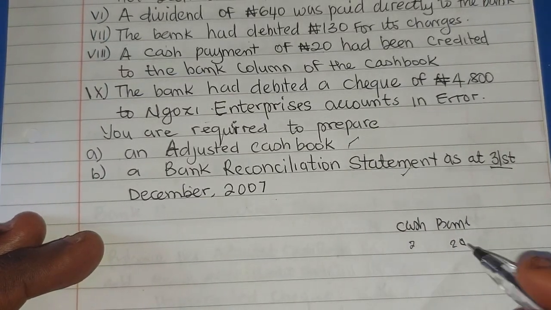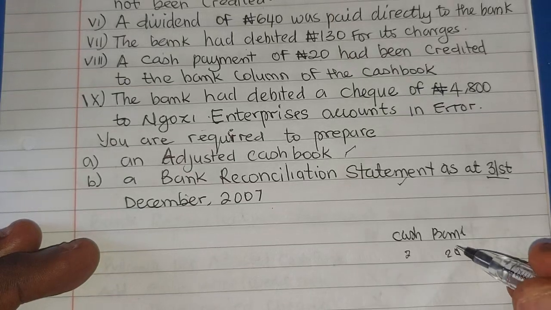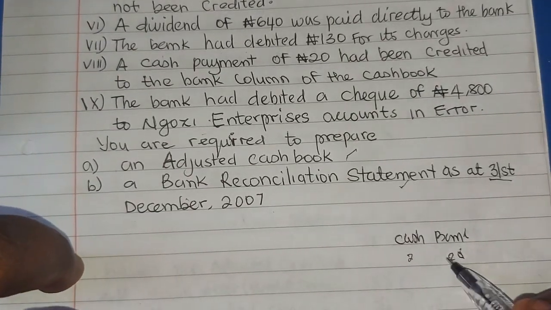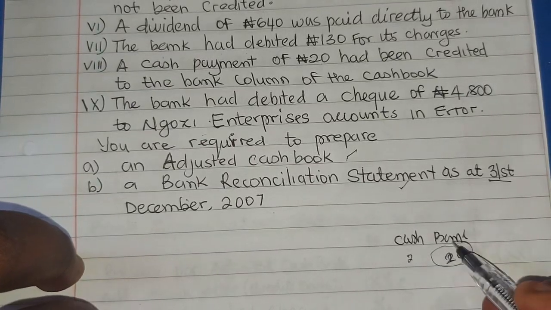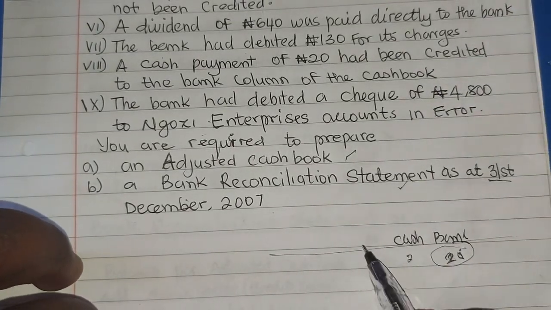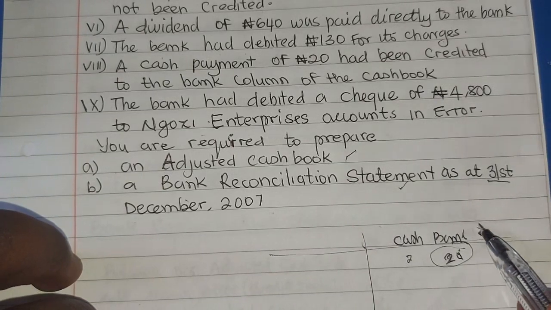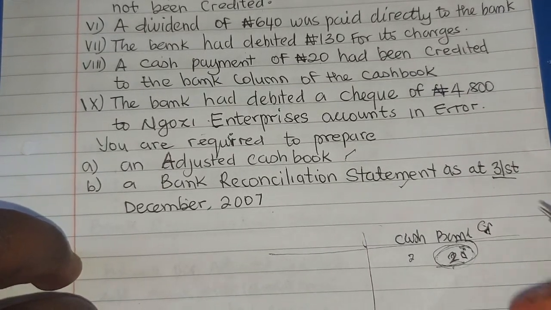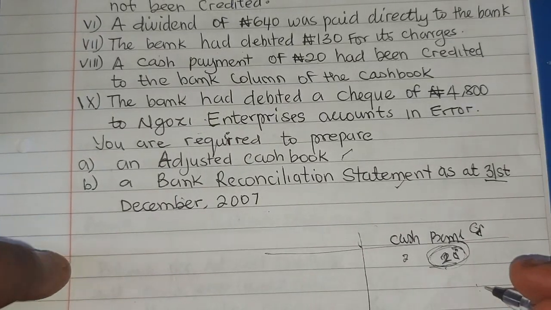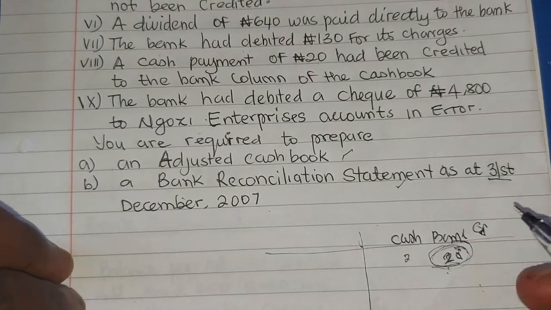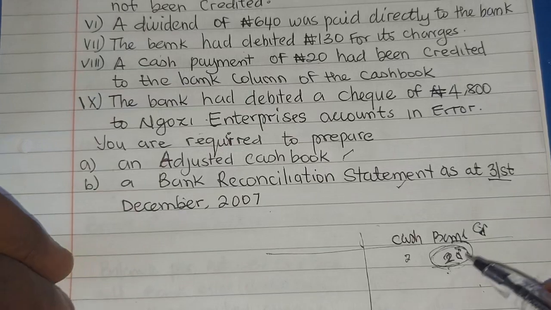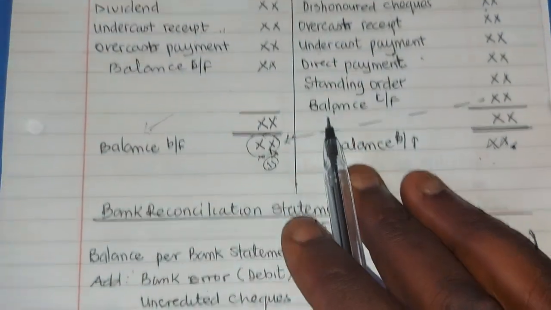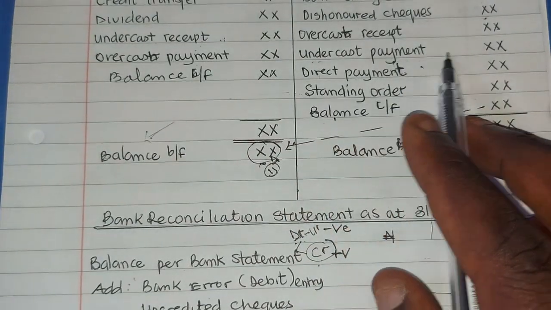It means the bank has been under payment. By you crediting the bank, if this is the debit side, the credit side, by you posting 20 naira under this bank means you are reducing what is in the bank. That is under payments side.